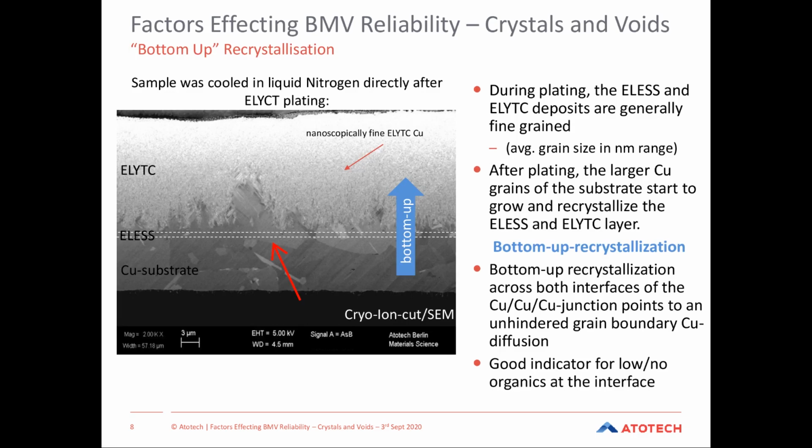In order for this to occur, the interfaces between each of the layers have to be physically clean and chemically clean, because there are defects within the structures which can potentially pin that diffusion flow. So they have to be clean in order to get unhindered grain boundary diffusion.